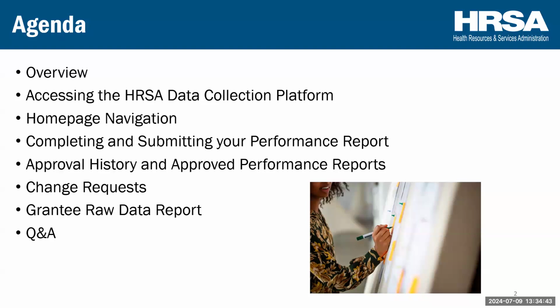Next, and probably most important to most people on this call, we'll talk about how you complete and submit your performance report. We'll also take a look at how to view your approval history and your approved reports. Then we will show you how to respond to any change requests from HRSA. And finally, we'll show you how to access your grantee raw data report.